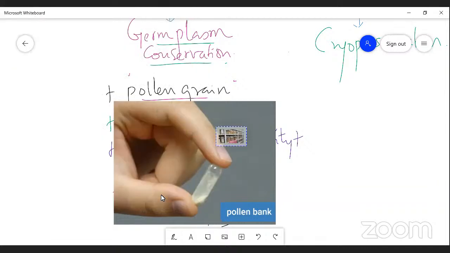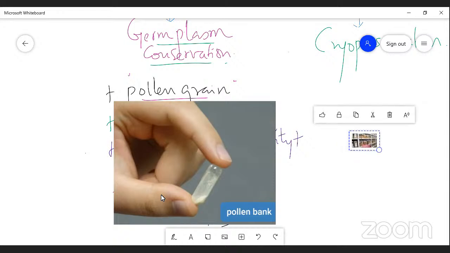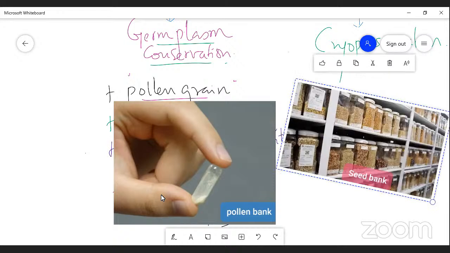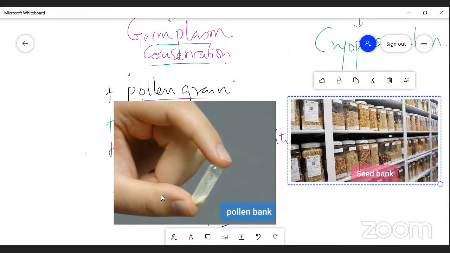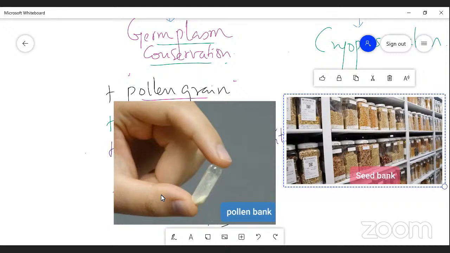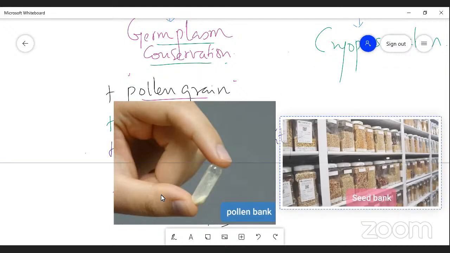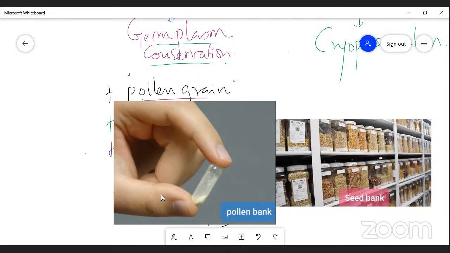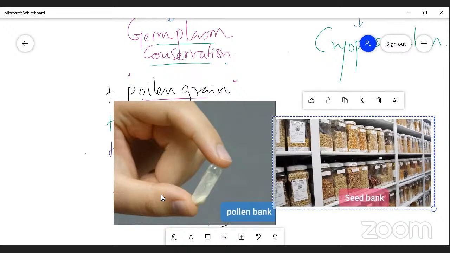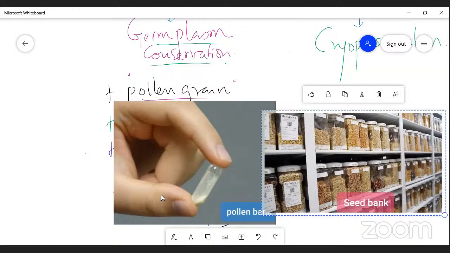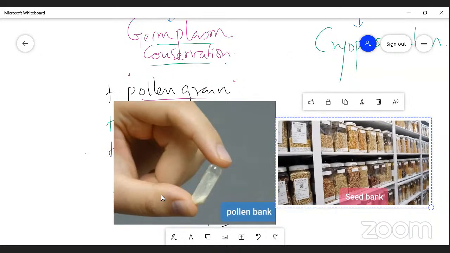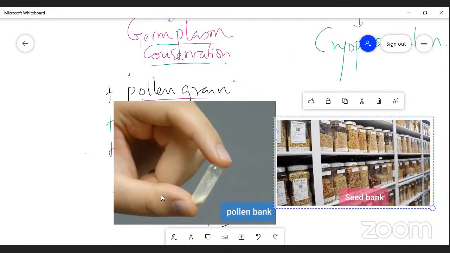Yes, sir. If you go to cultivation, you see there are a number of crops grown in the fields of agriculture, right? In some places you can see the harvest is very high. In some regions, if you go to Tanjore, you can see paddy crops cultivated in large quantity because the soil is very suitable.